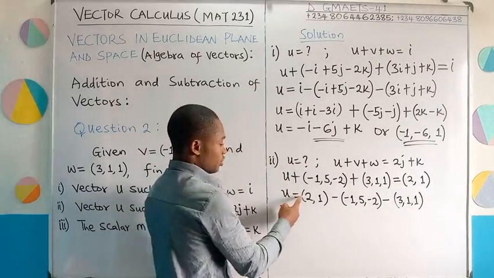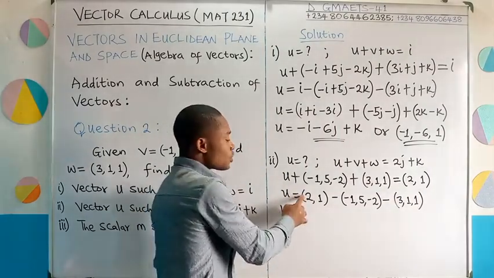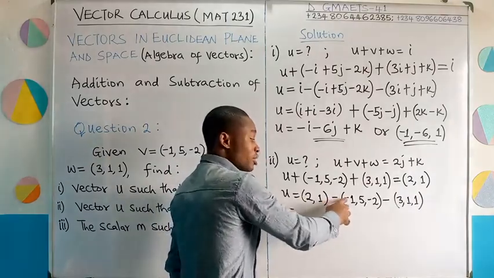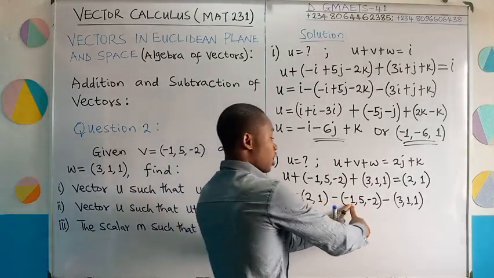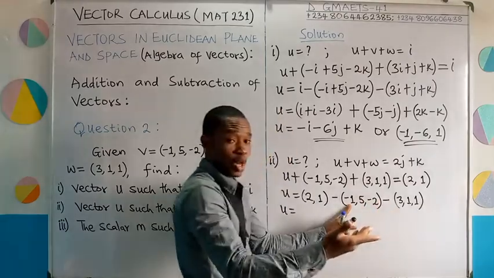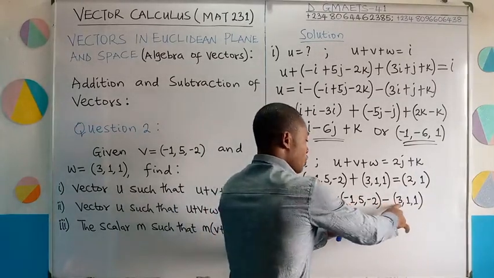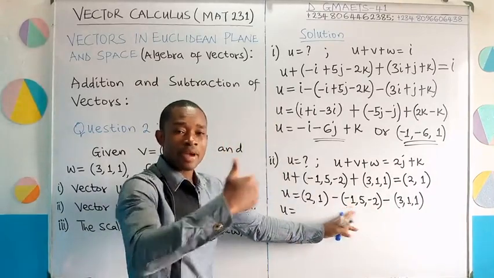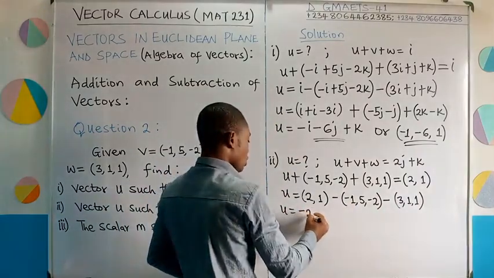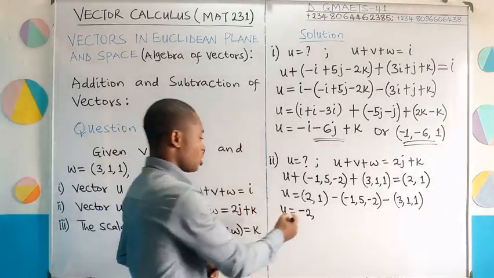For the x term, the x here is 0, you know that. So 0 minus minus is plus. So 0 plus 1, then plus 1, then minus 3. So eventually we're having 1 plus 1 minus 3, and that will give us minus 2. Good. That's the x term.